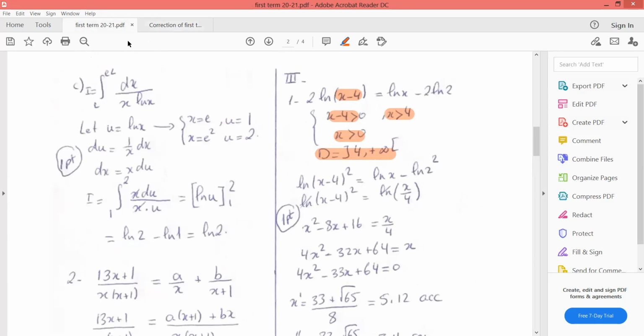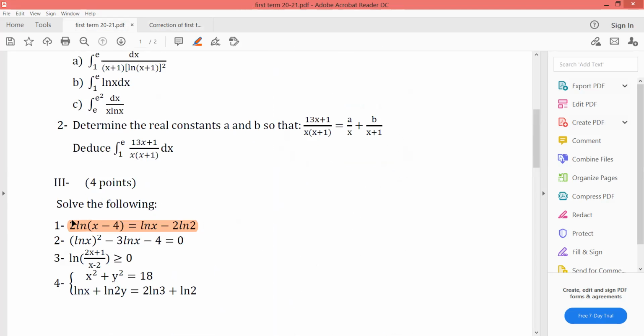Now, to solve this equation, we have a property that says ln of x to the n equals n ln x.